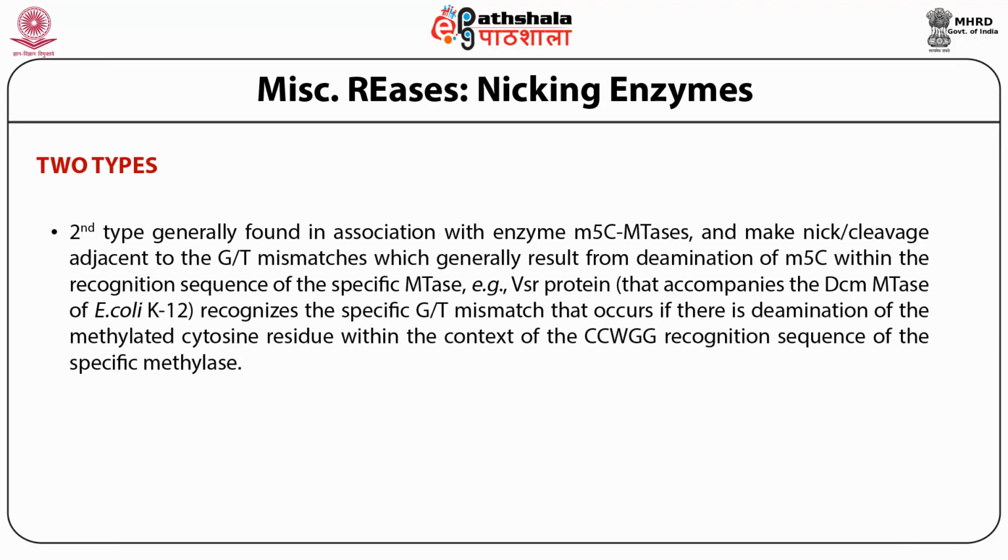The second type of nicking enzymes are generally found in association with M.5C methyltransferases, and they make a nick adjacent to G-T mismatches, which generally result from deamination of methylated cytosine within the recognition sequence of the specific methyltransferases, such as the Vsr protein that accompanies the Dcm methyltransferase of E. coli K12.